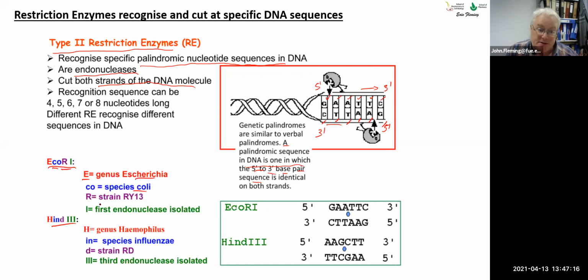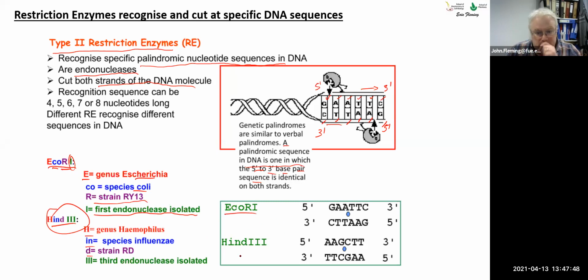R is the specific strain that the enzyme was purified from. And then the number refers to the fact that this is the first endonuclease isolated from this particular bacterial strain. HindIII then is a second type of restriction enzyme. Again, it goes through the different letters that are used to name the specific restriction enzyme.